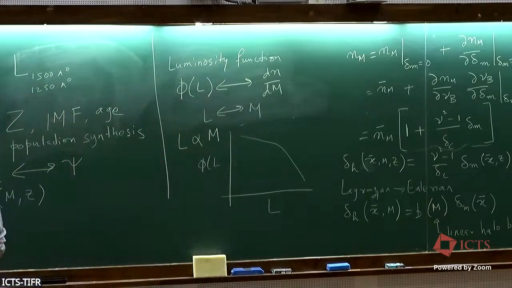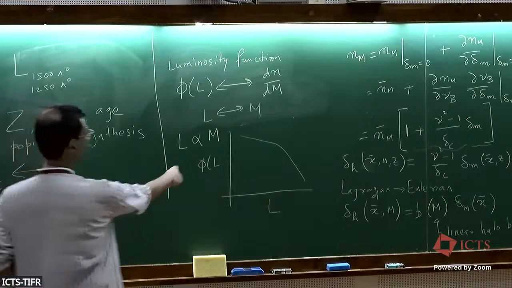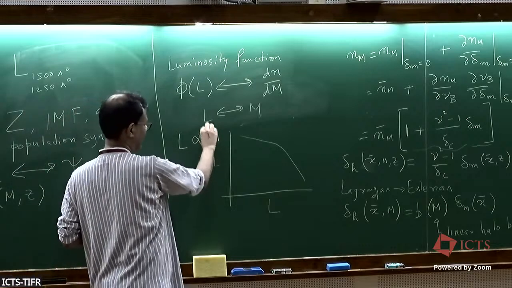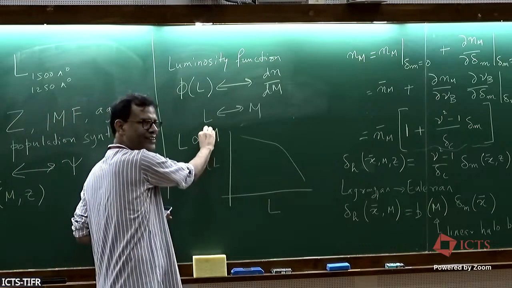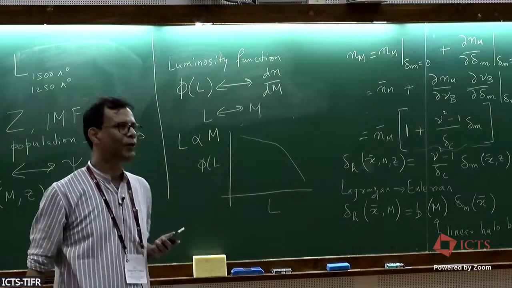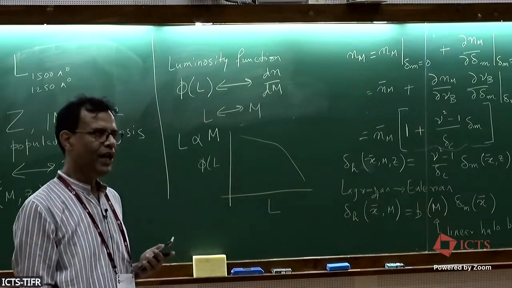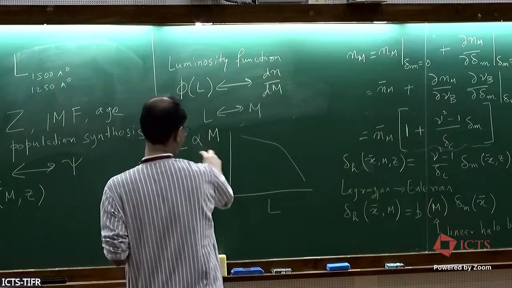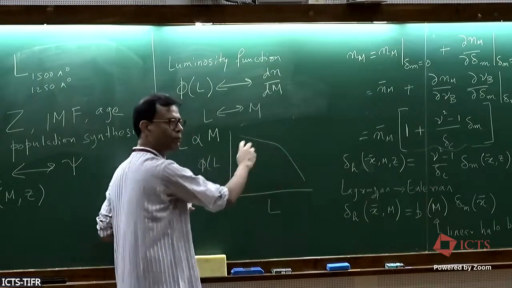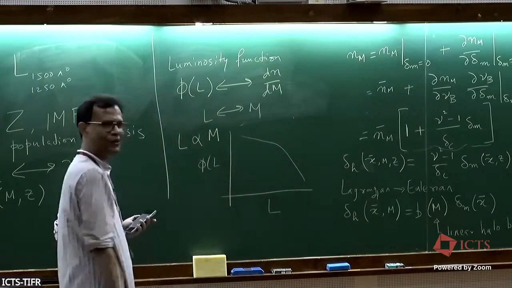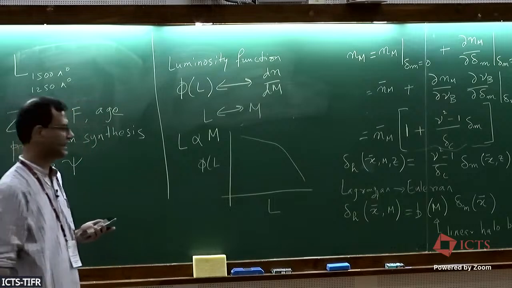Then you will say, let me adjust this constant so that I can match the observations. Now you can adjust this constant, but the shape will remain the same as long as this is constant. So you cannot do any arbitrary things.